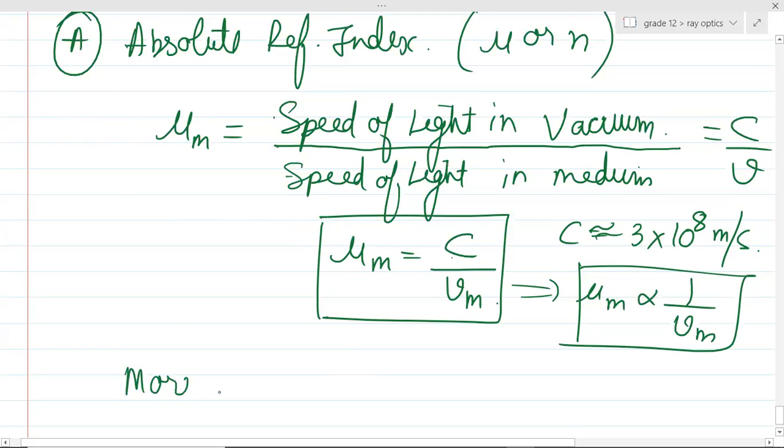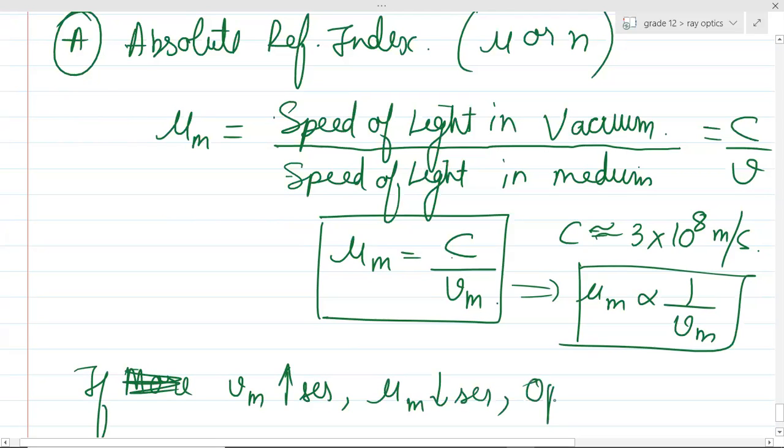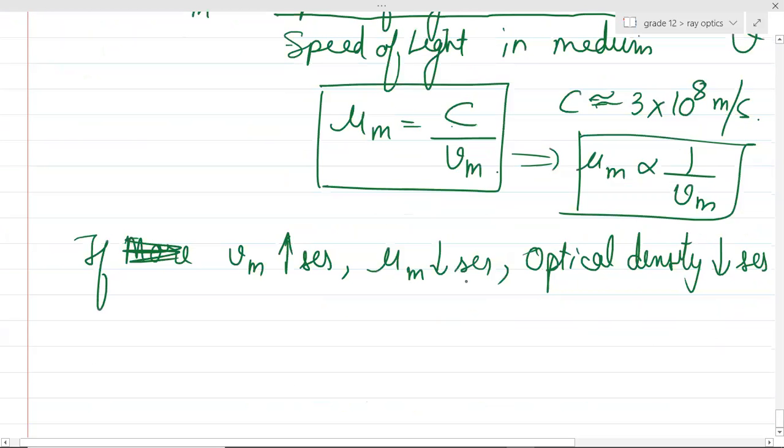If the velocity of the medium increases, the refractive index of the medium decreases. Also, the optical density decreases. Is this clear? And vice versa. Guys, is this clear?